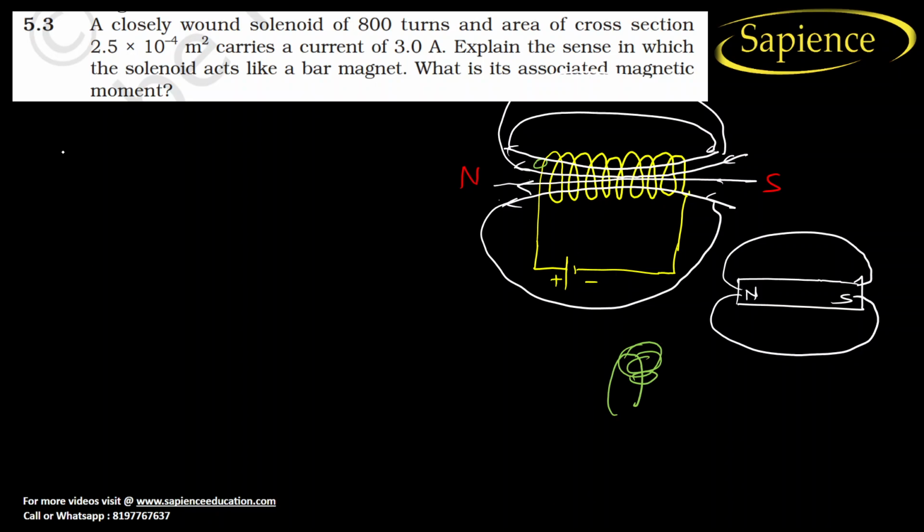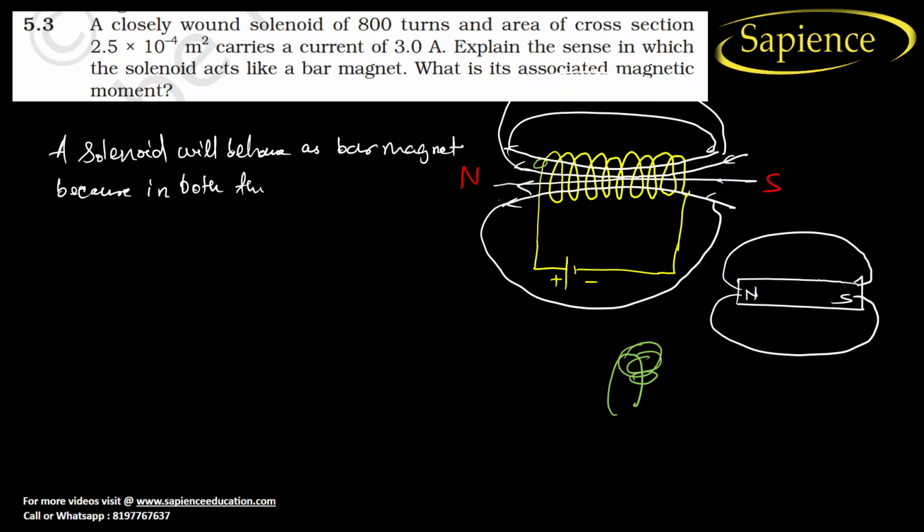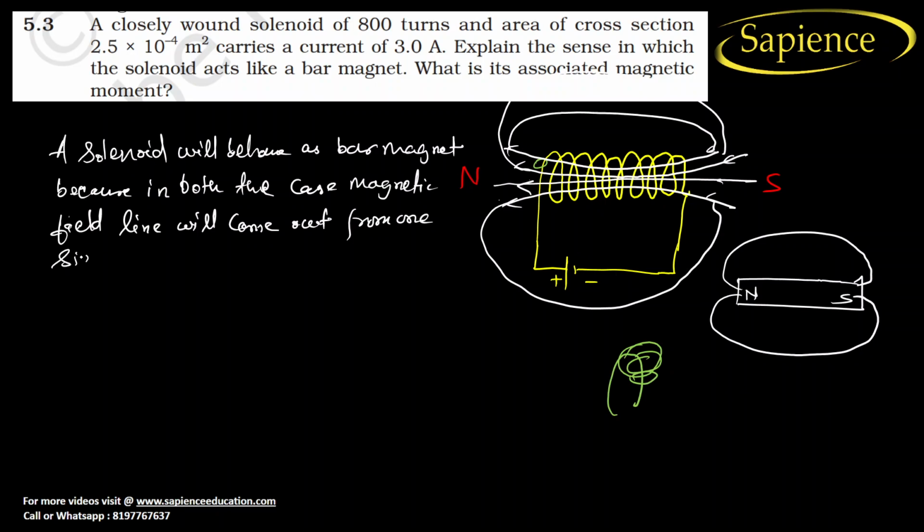So what we can write from this is that a solenoid will behave as a bar magnet, because in both cases magnetic field lines will come out from one side and enter the other side, right?